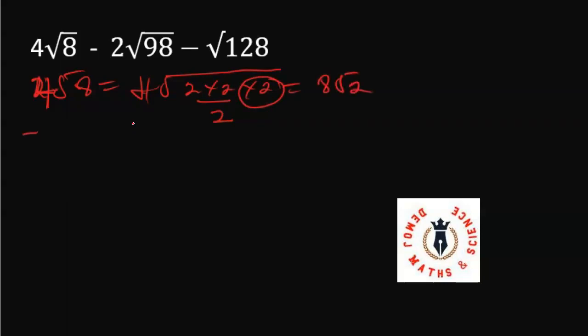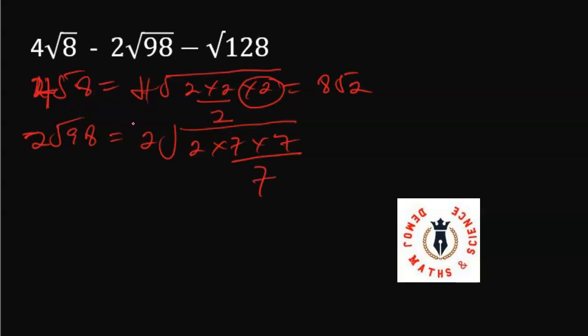Then I have minus, let's leave the minus first, 2 root 98. The root of 98 is the same thing as 2 times 49, that's 2 times 7 times 7. Now I pick 7 here. That's 7 times 2, that's equal to 14 root 2.